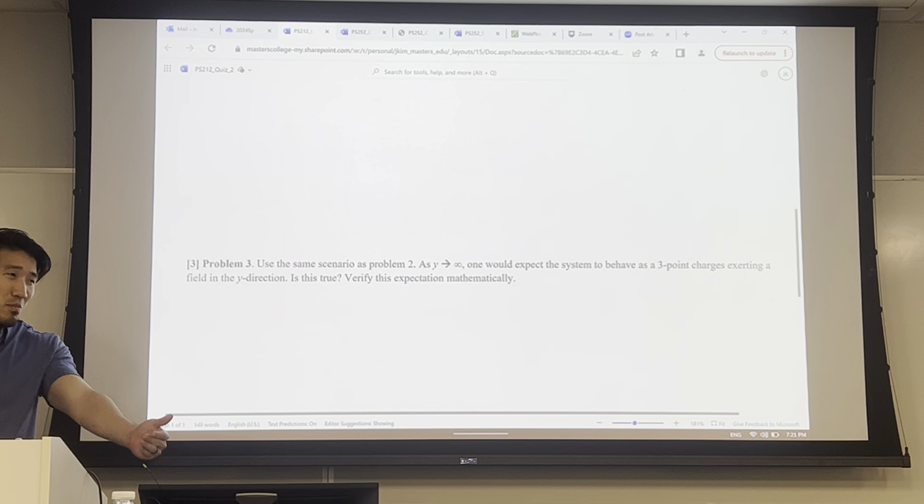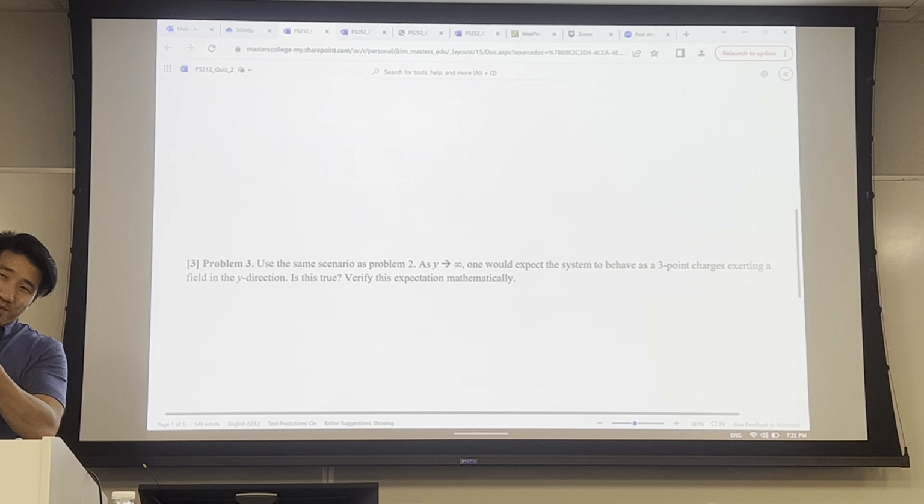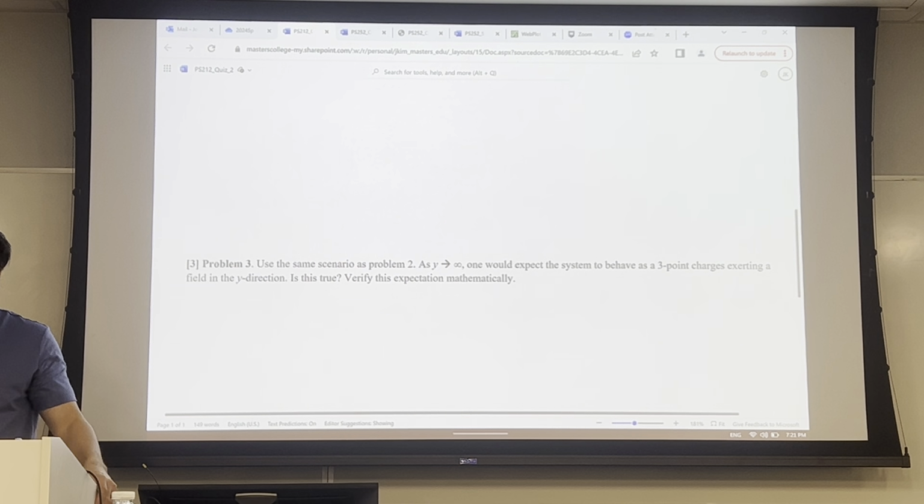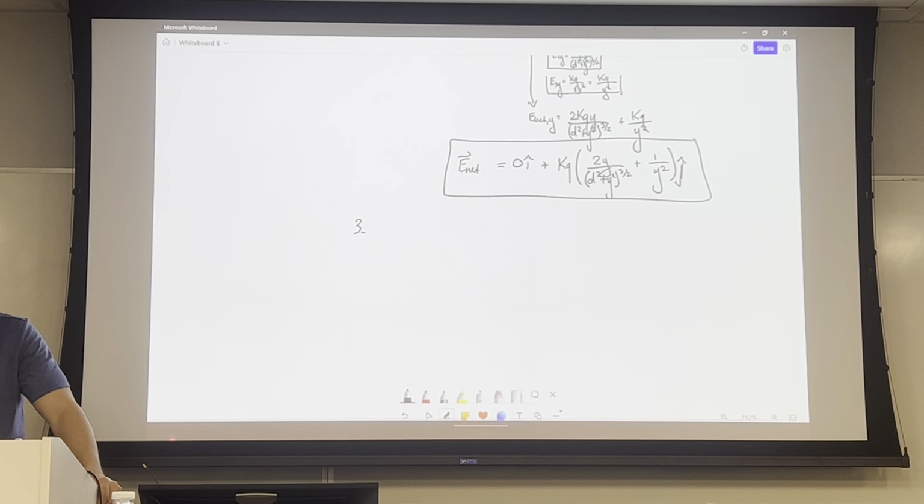Because when you go super far away, the distance that separates them becomes negligible, and they just look like 3 charges from very far away. Let's see if we actually get that mathematically.